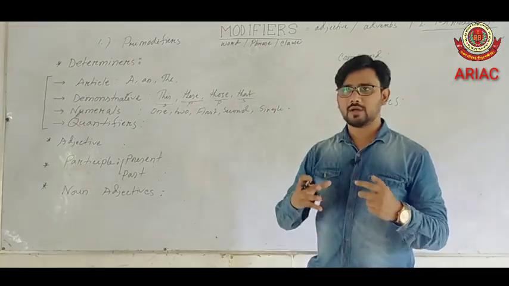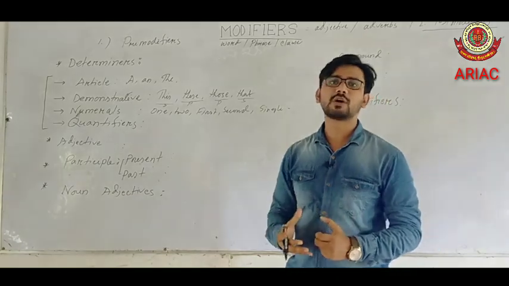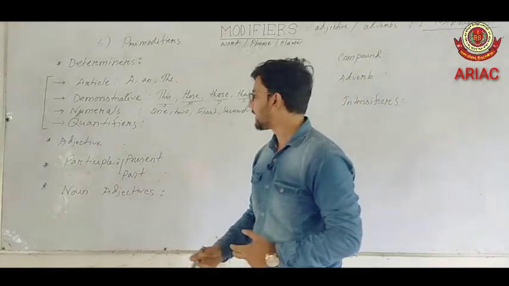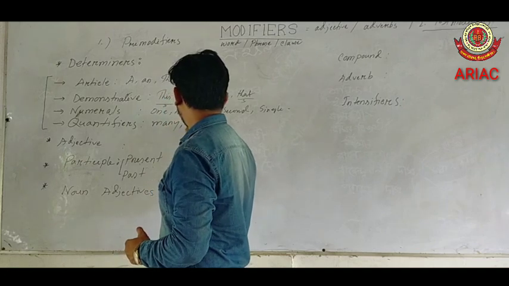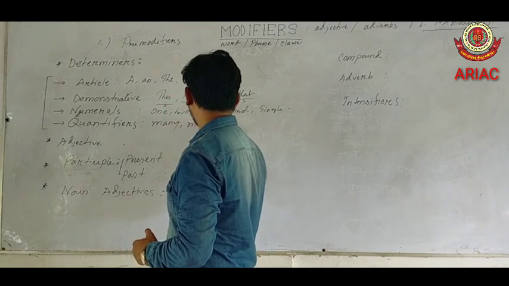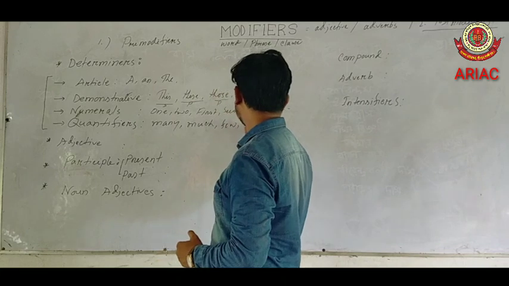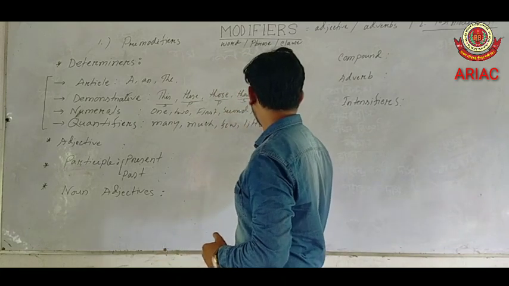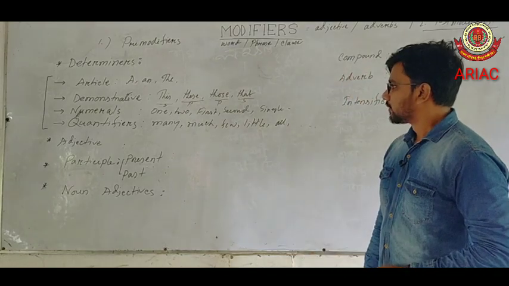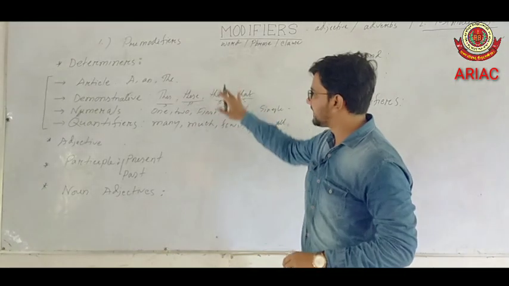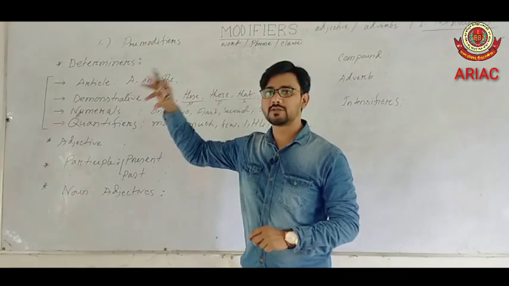Quantifiers are words that denote the quantity of the noun, like many, much, few, little, all, no, etc. So we have to put these down if they say to use determiners.